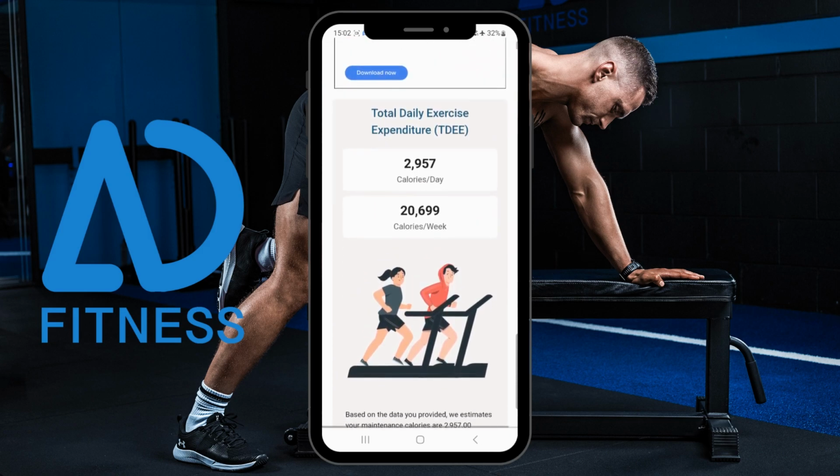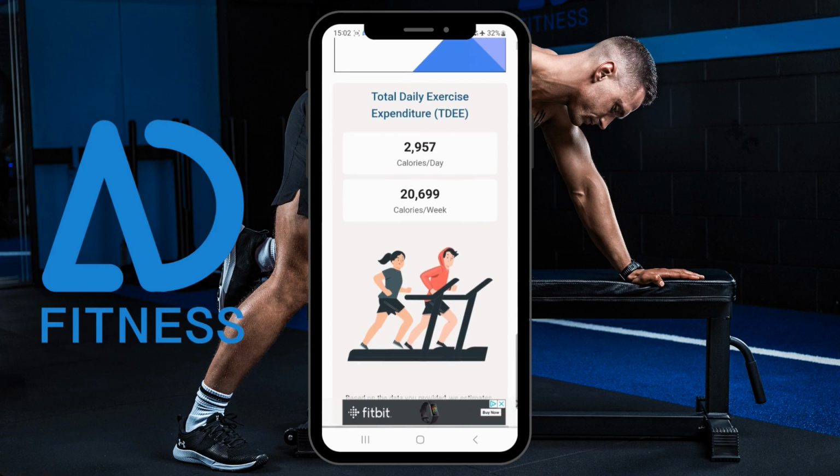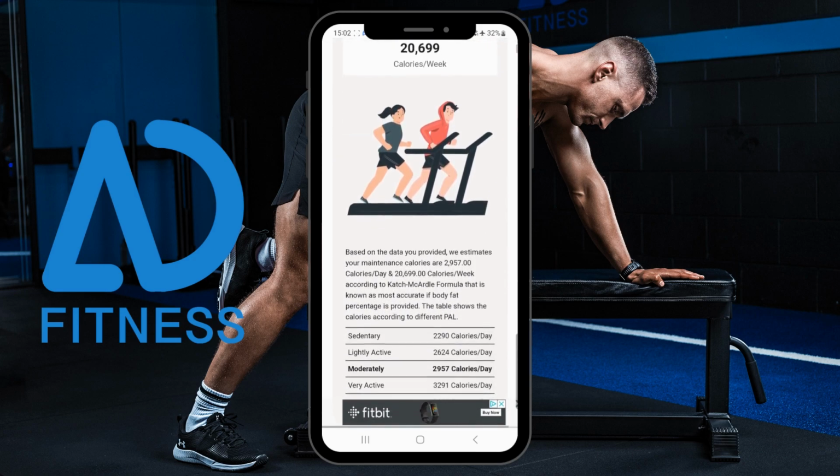If you've ever heard anybody say maintenance, your first figure here is your maintenance calorie. So if I eat 2,957 calories a day, I should stay at the same weight. That's basically what that means, and it gives you your weeklies there as well.